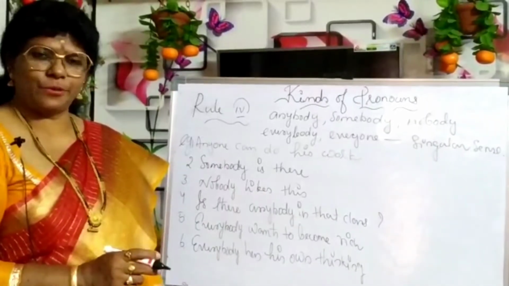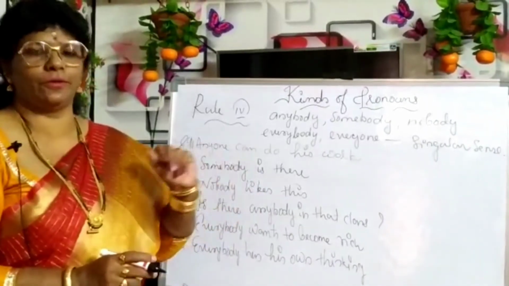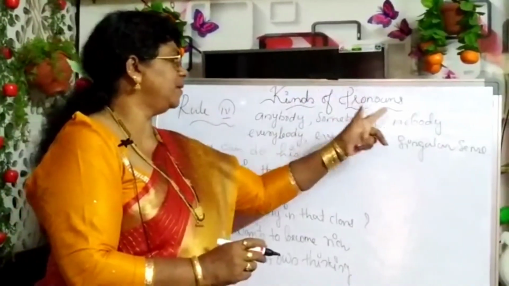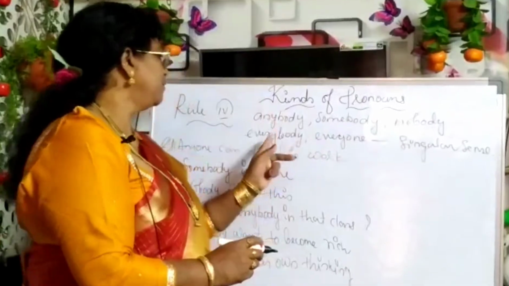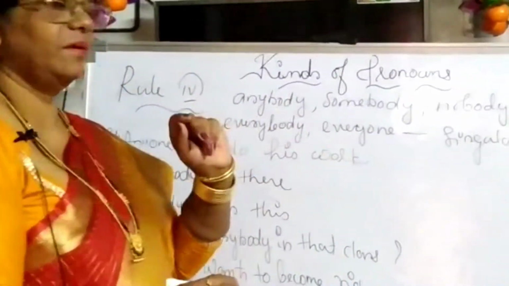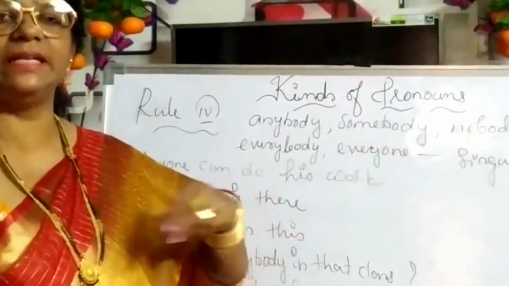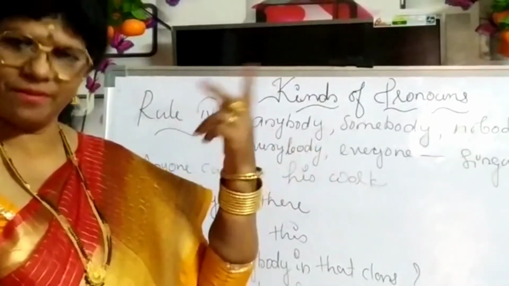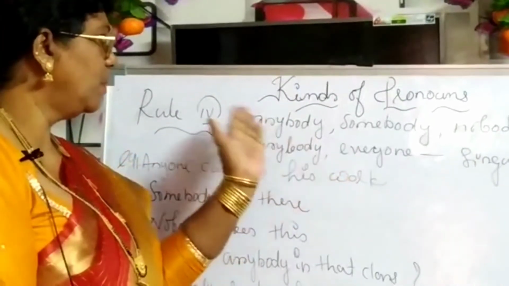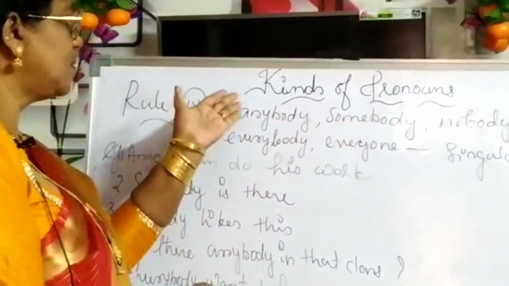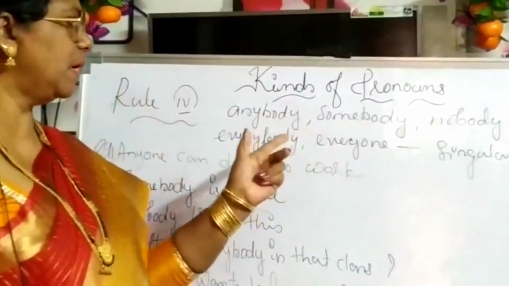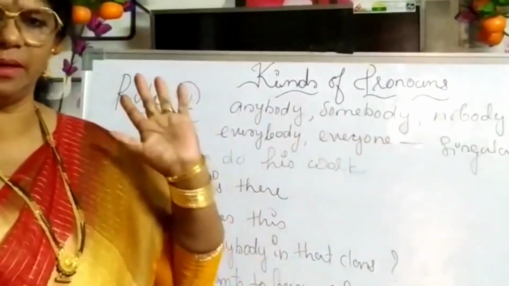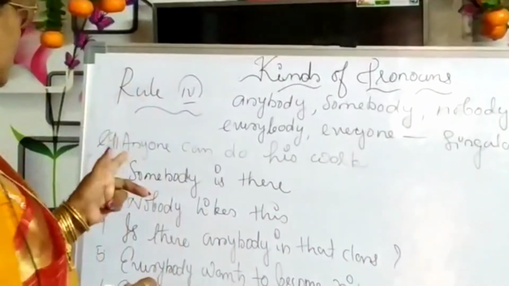Okay, fine. Let us go for the next rule. 4th rule: words like anybody, nobody, somebody, everybody, everyone are used in singular sense. Just before, we learned plural sense; now whenever these words come under pronouns, we have to use only singular sense.